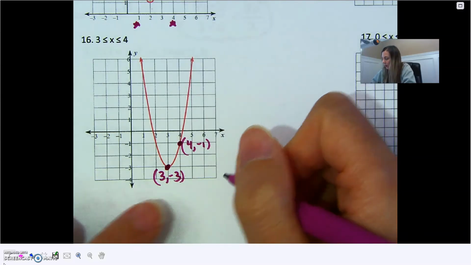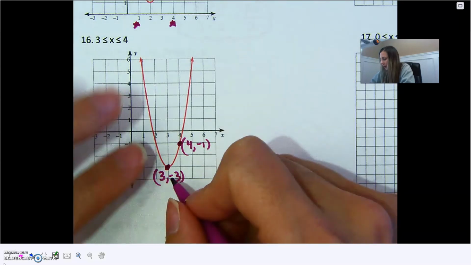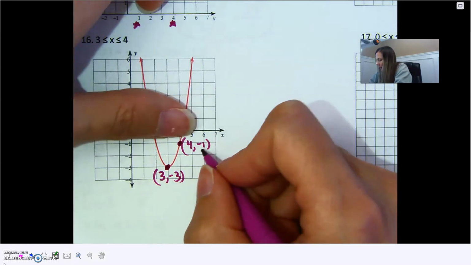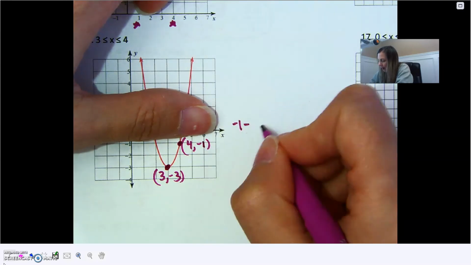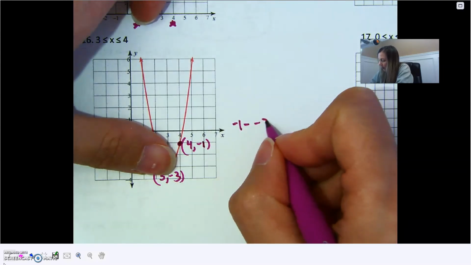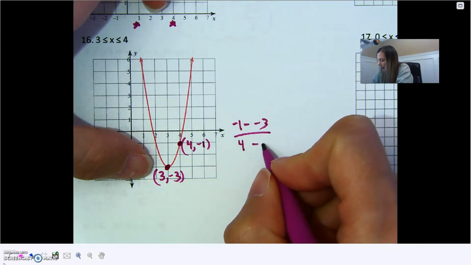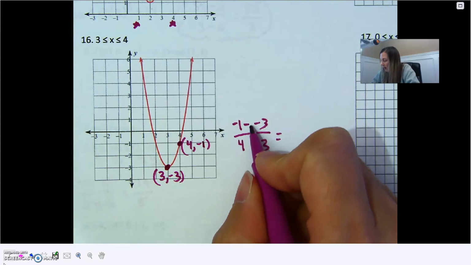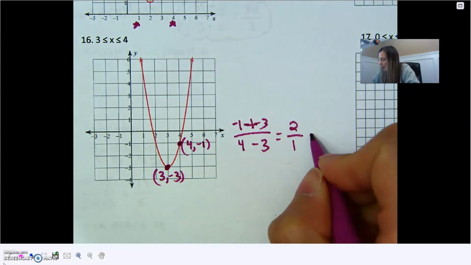All right, so it doesn't matter which one you declare the first or the second. I always just read it from left to right. So I call this my second point. Anywho, we have negative 1 for the y minus negative 3. Now we do the x's. 4 minus 3. Minus minus becomes positive, so this is a 2/1, which is just 2.